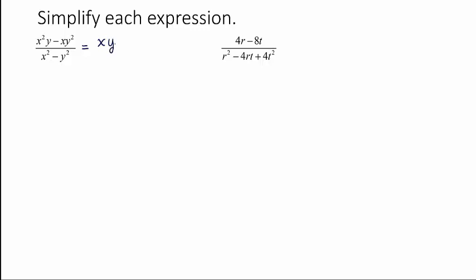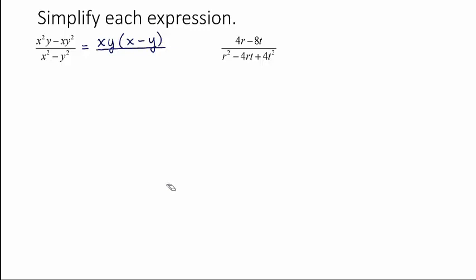Minimally, the greatest common factor there is xy. If I factor xy out from x squared y, that leaves x, and if I factor xy out from xy squared, that leaves y. So I have xy times the quantity x minus y in the numerator.